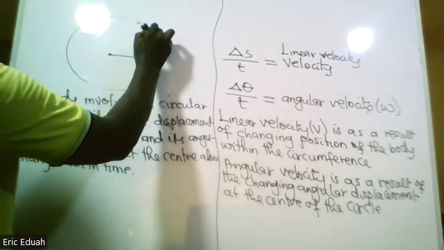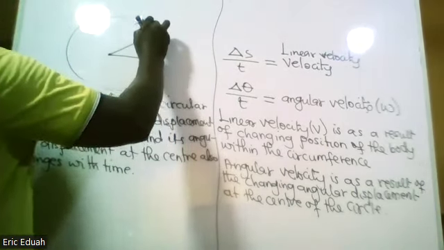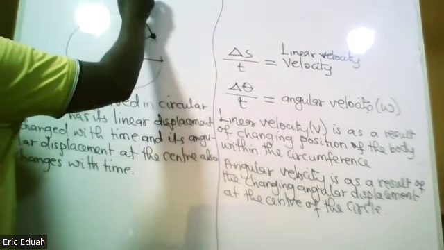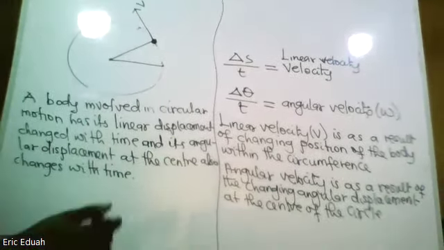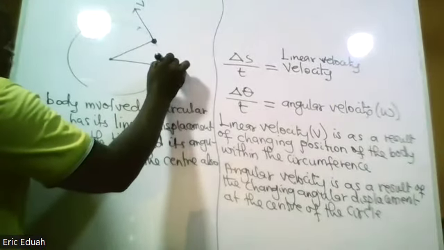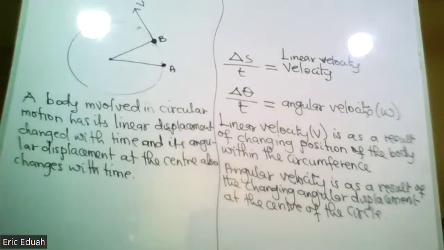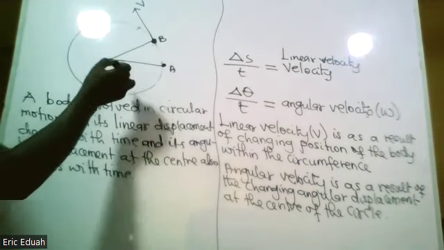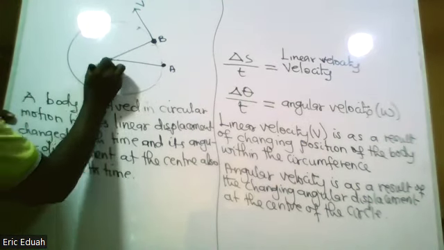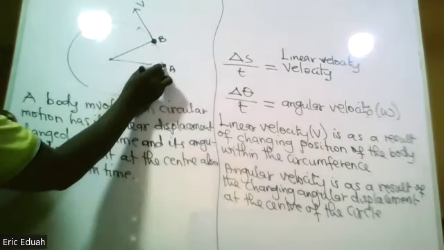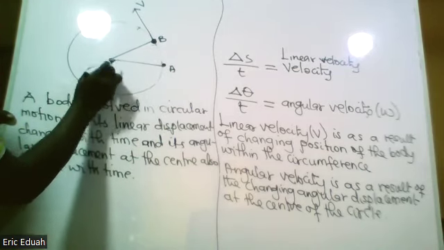So it's like this. If the body comes to this point, we have linear velocity v. Why? Linear velocity v because its position has changed from A to B. And this will also be affected by the changing angle, because initially, when the body was at A, its angular displacement was what?